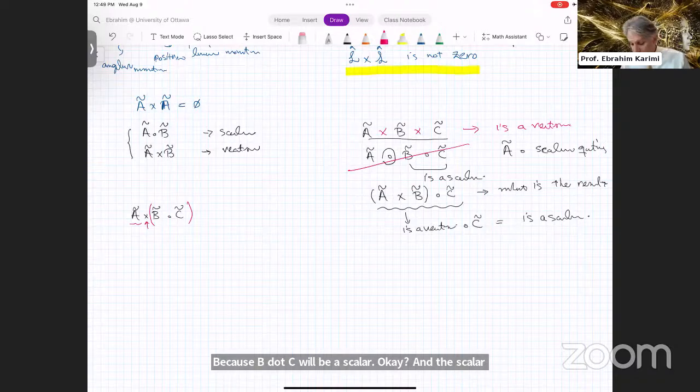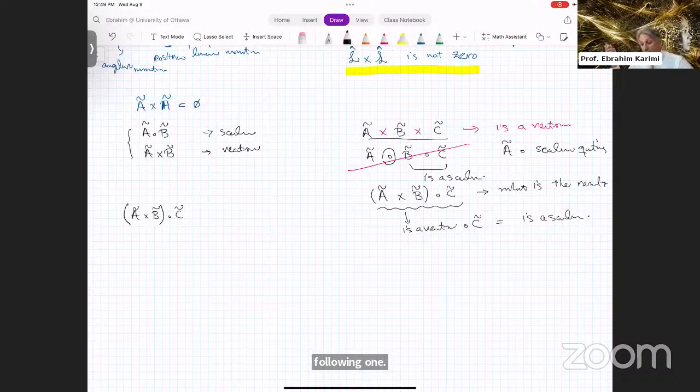You have to be very careful when I write it in this formalism. The position of the parentheses should be assumed to be given in a proper way, and the only way parentheses are allowed is the following one. So let's do the calculation.